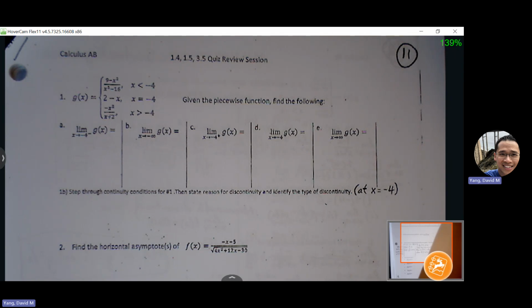Yeah, so you plug in something. You're deciding between positive or negative. You're only going to go through factoring and all that if you don't get 0 over 0. 25 over 0, think about this. 16 minus 9 is 7.